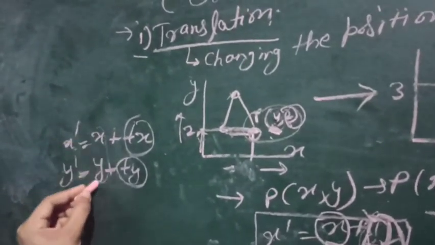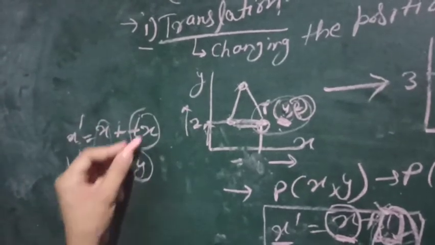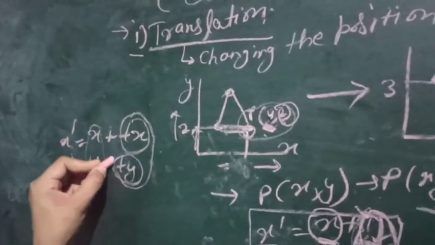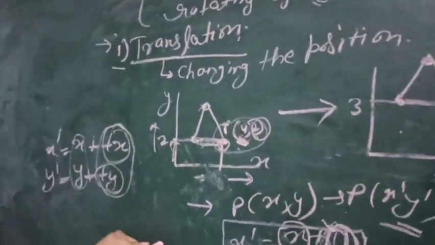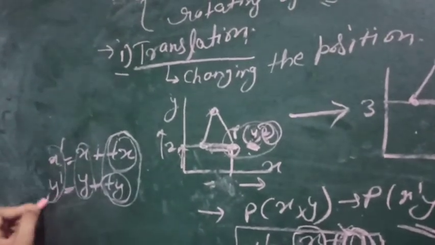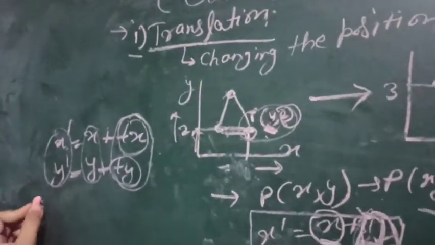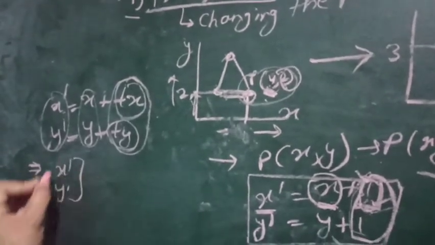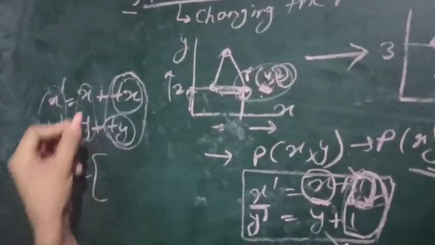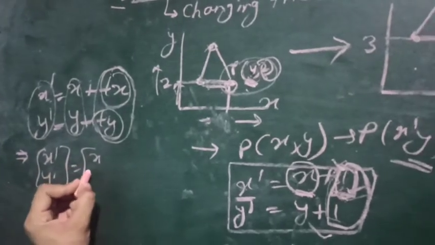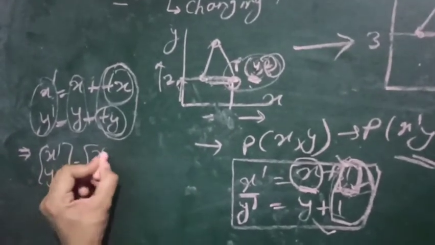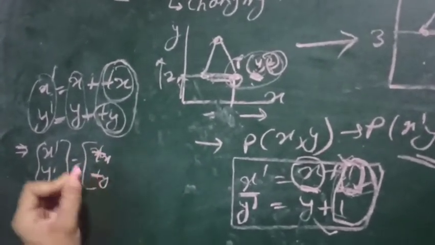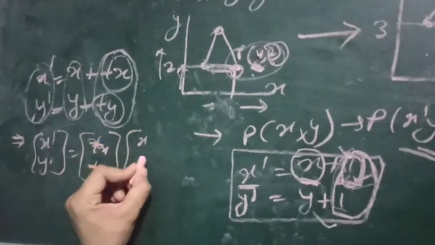Means in all coordinate points x and y, we can add some quantity and we can get the point x dash y dash. And this can be written in matrix form: x dash y dash equal to tx, ty and x y.